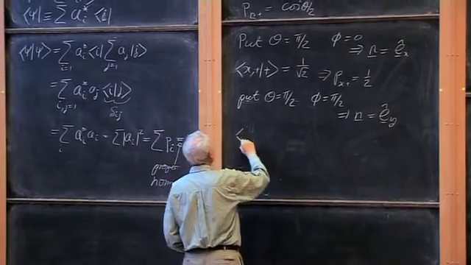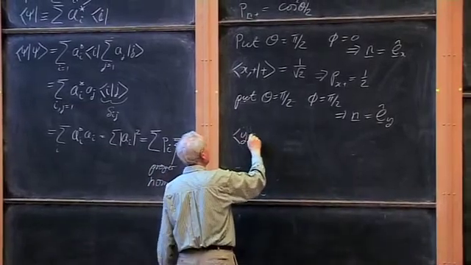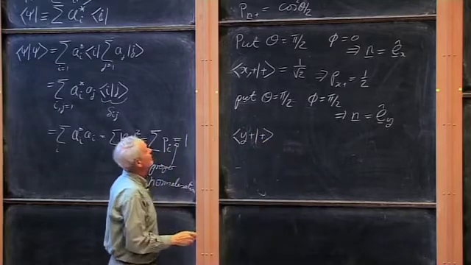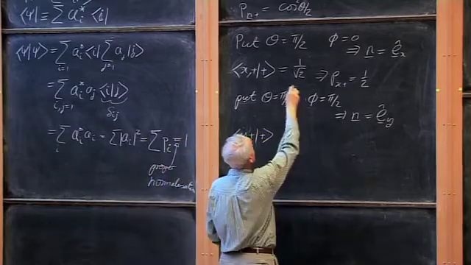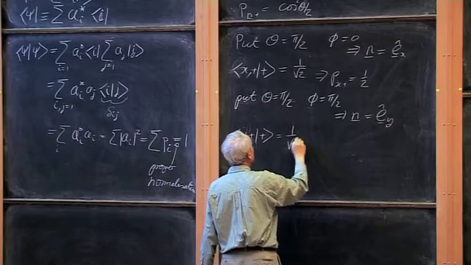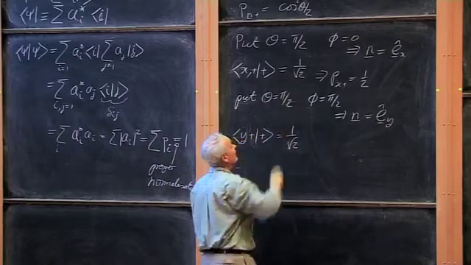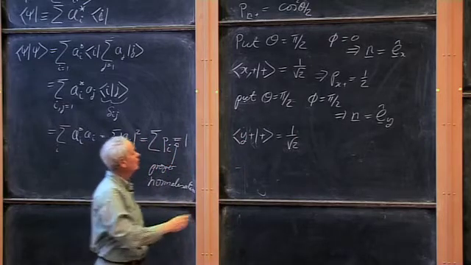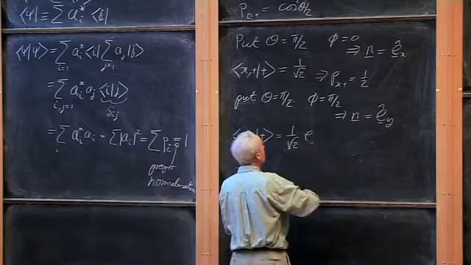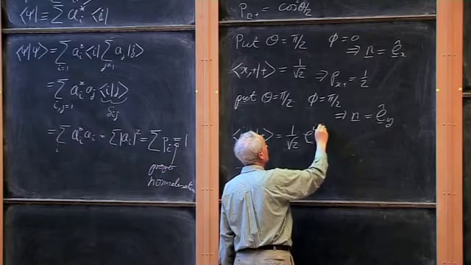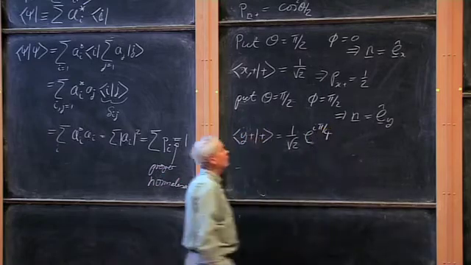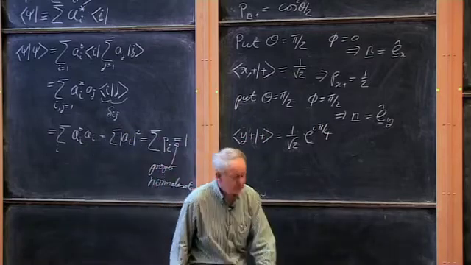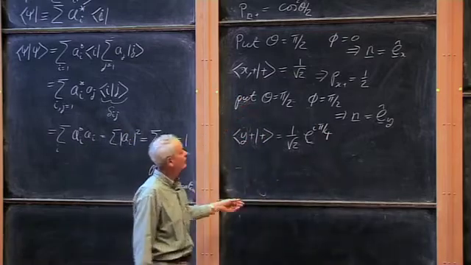Then we find that the amplitude y plus is still 1 upon root 2, but now we have e to the i pi on 4, so the amplitude is now genuinely a complex number, whereas in the x case it was a real number.